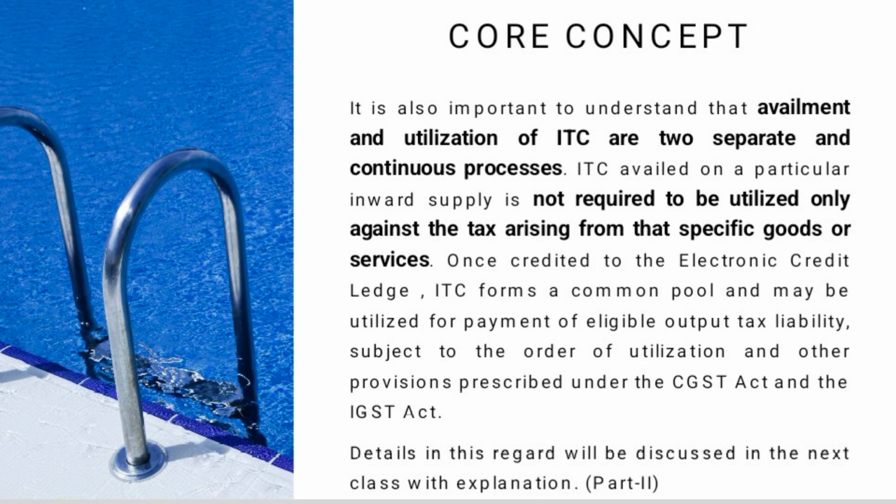Utilize means when you set off the ITC in your ledger while discharging your liability during the course of furtherance of business. So there are two different tables in GSTR 3B, one in which he availed the ITC and linked it to the ITC credit ledger, and one in which he utilized the ITC.